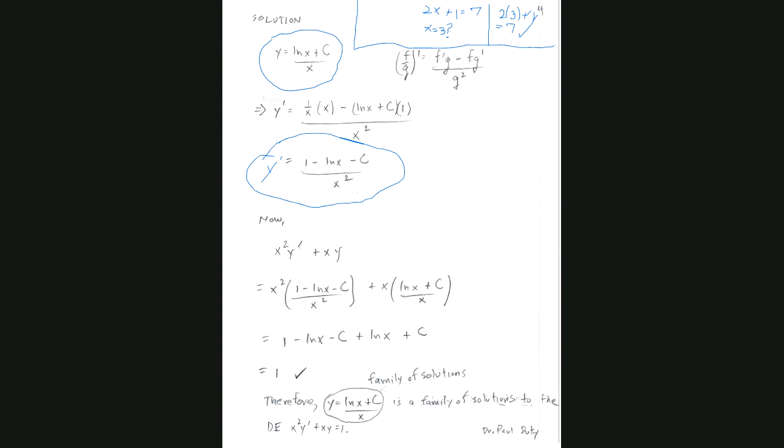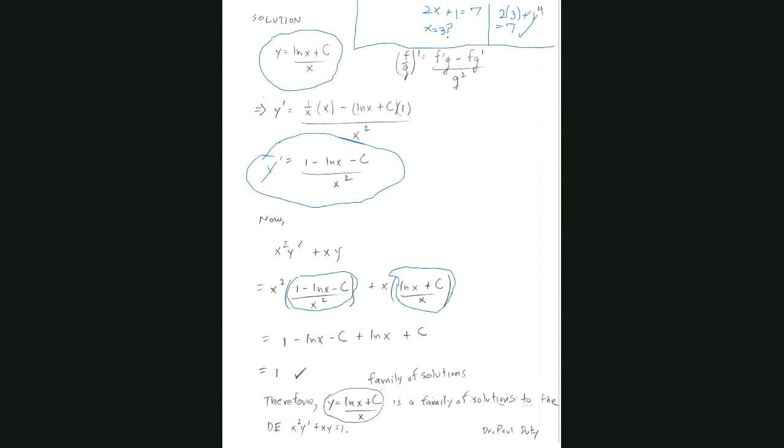Here I'm doing the substituting in of the y prime and the y. I'm going to simplify all this out, and what should that equal? What should that equal if this is a solution? It should equal 1. That's right, Robin. Very good.